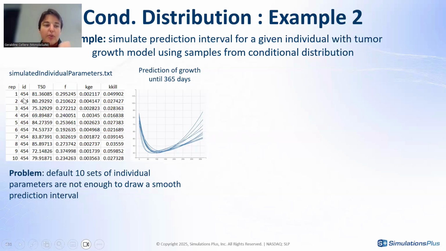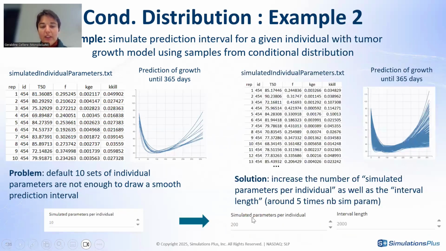By default, MonolixX will save 10 different values from the conditional distribution. So I could use these 10 values to draw my different trajectories of the tumor regrowth, but that's not really much, 10 values. So what I can do is to increase the number of values that are saved. That's called simulated parameters per individual, for example, to 200.